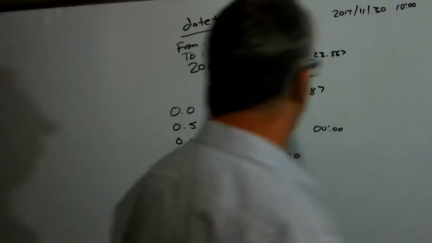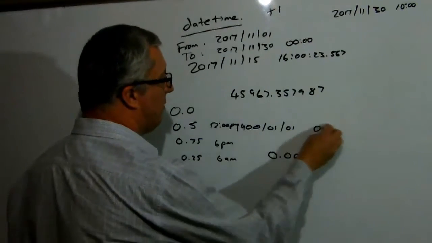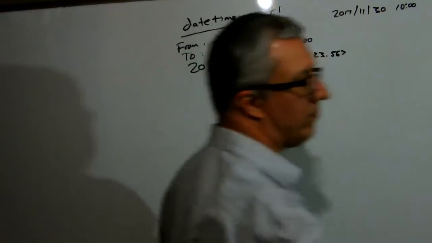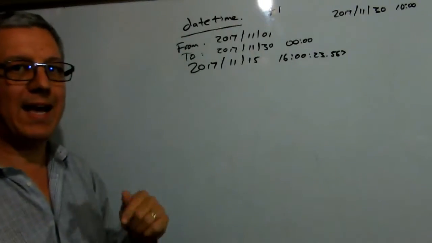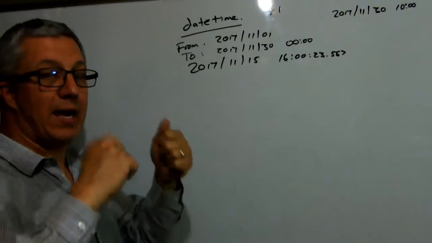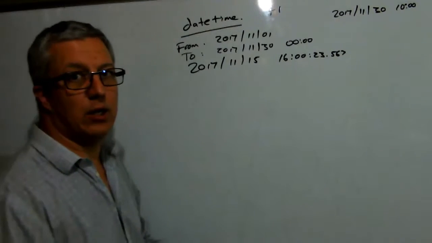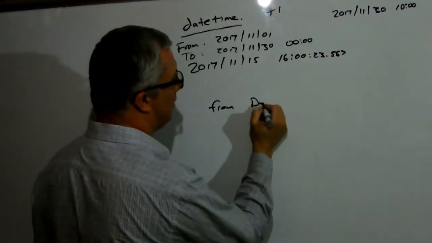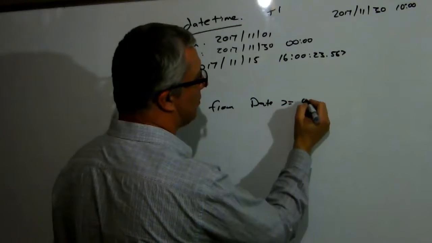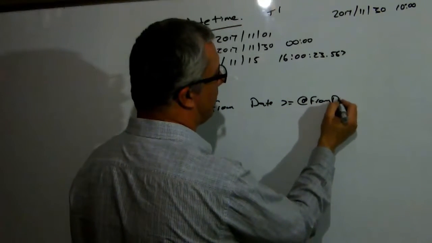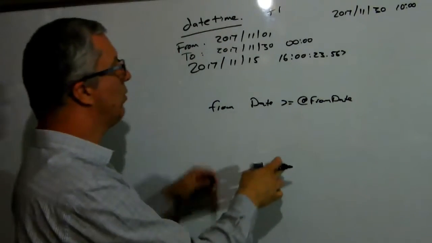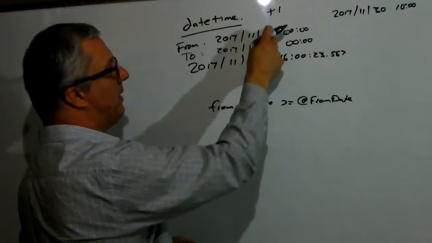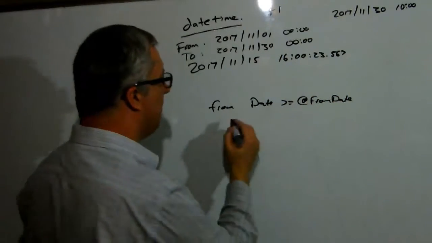So to get past that, whenever we do a filter with a date in it, we always add an extra day to our to date. So I will have date greater than or equal to my from date, which is fine because that will include from midnight onwards on my first day.